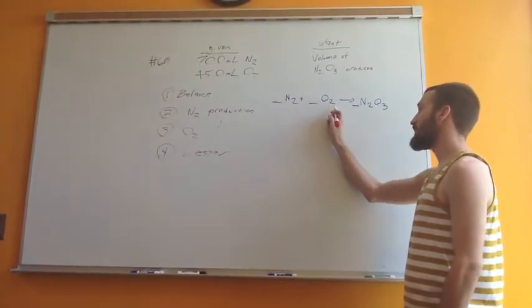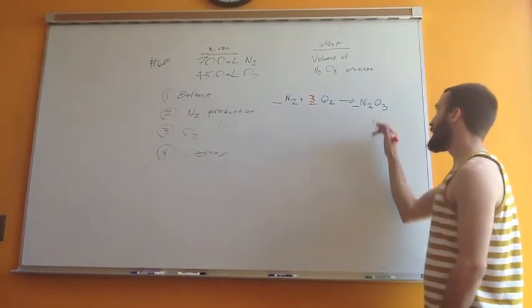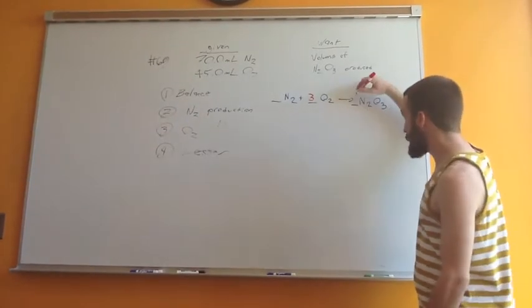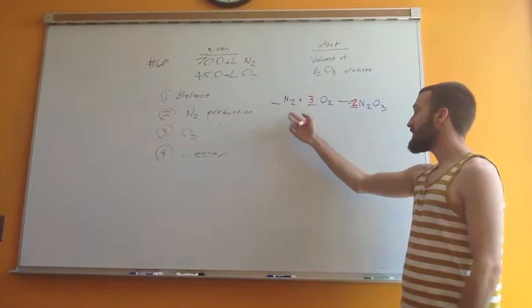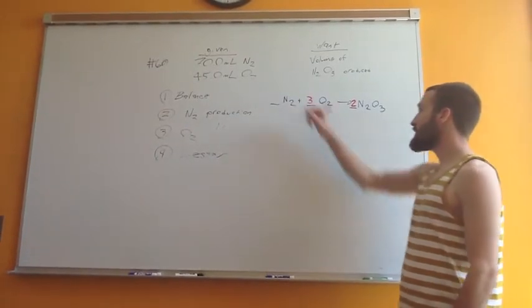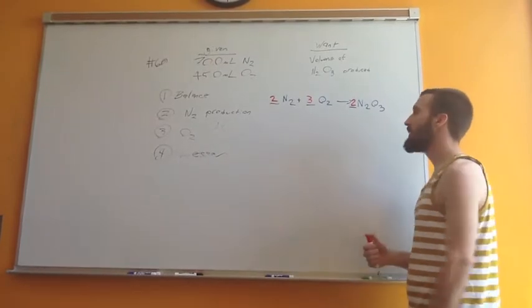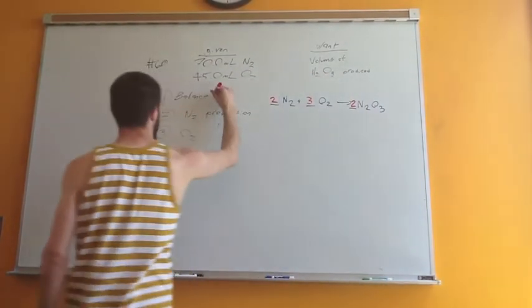If we wanted to turn 2 into 6, we'd multiply by 3. And with O3, in order to get that to be 6, we multiply that by 2. Since N2 is on both sides and is not connected to anything over here, this automatically becomes 2 nitrogen gas. So that's step 1, we're good there.